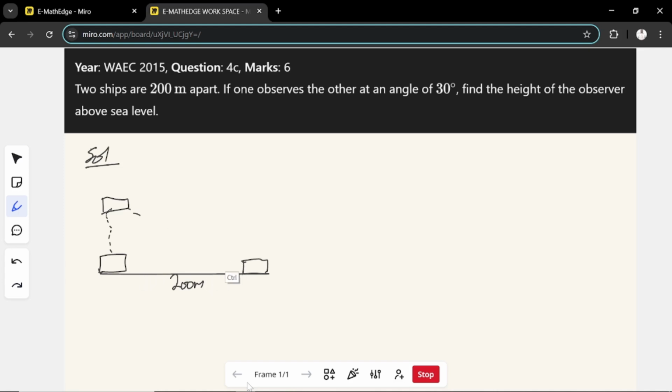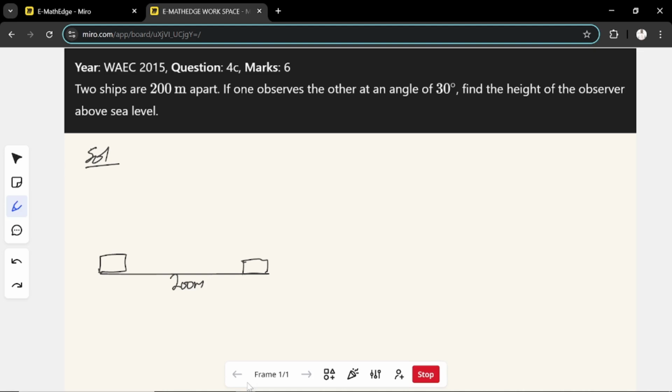Or possibly the second one, which is at the right hand side, goes above the sea level to this point and observes this at an angle of 30 degrees. Whichever one you use will give you the same form of angle, and that will be a right angle triangle.